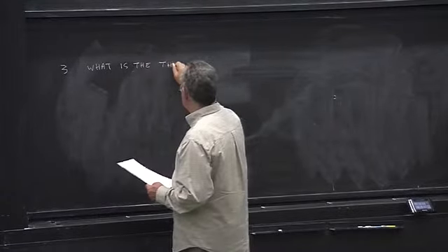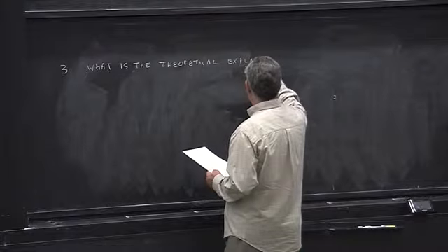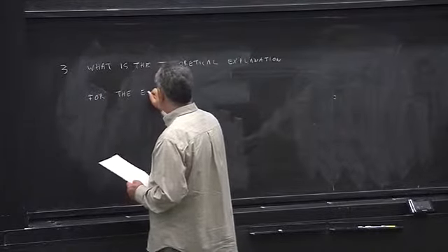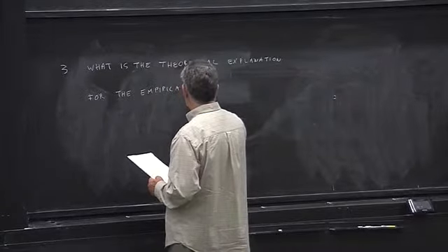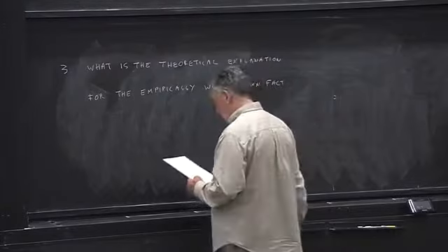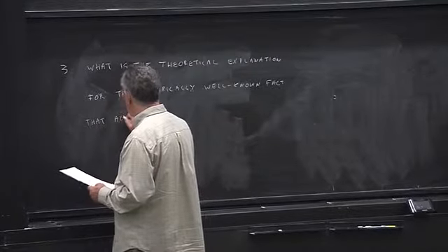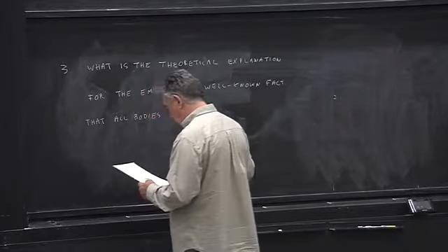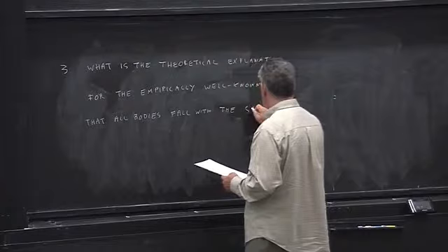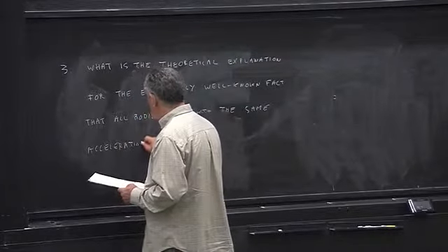So he asked himself, what's the theoretical explanation for the empirically well-known fact that all bodies fall with the same acceleration in a gravitational field.